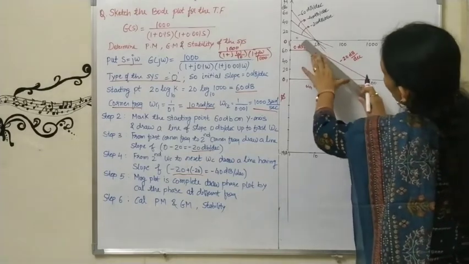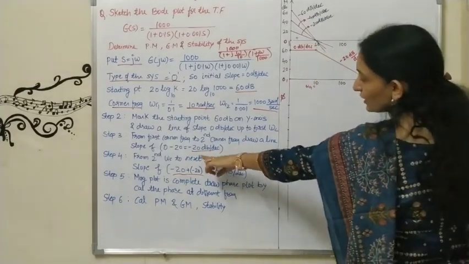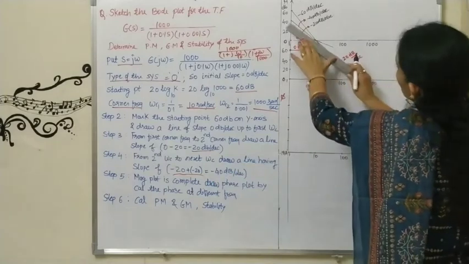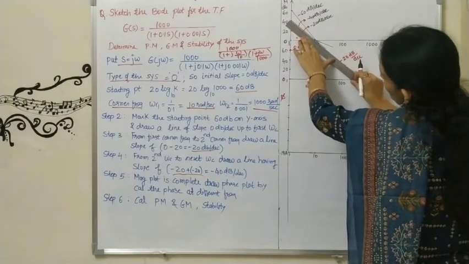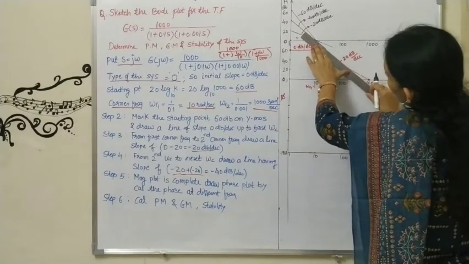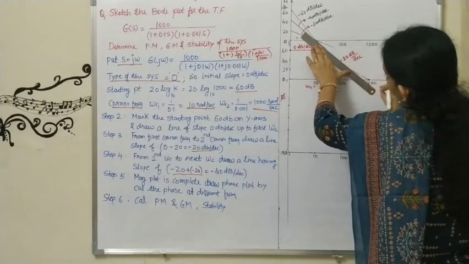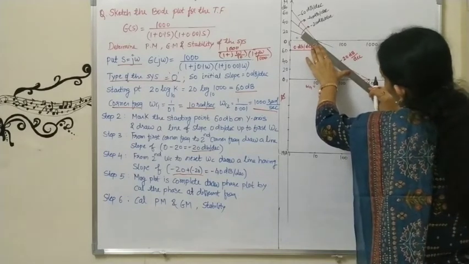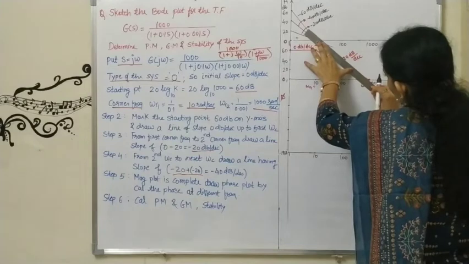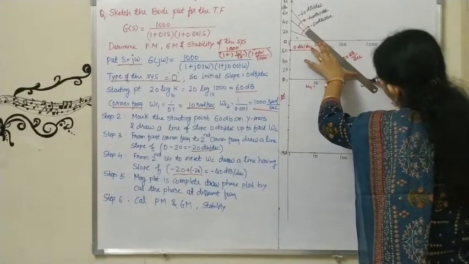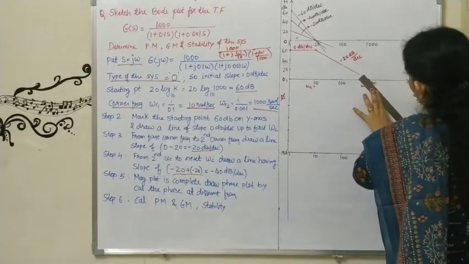Now look at this, I need to show the line slope of minus 40 dB per decade. So again I will use a roller scale, I will put the roller scale like this. Okay, and then I will draw a line slope of minus 40 dB per decade. Look at this, I am showing.